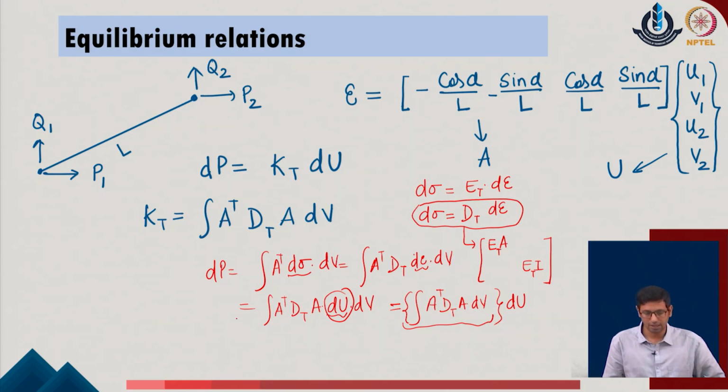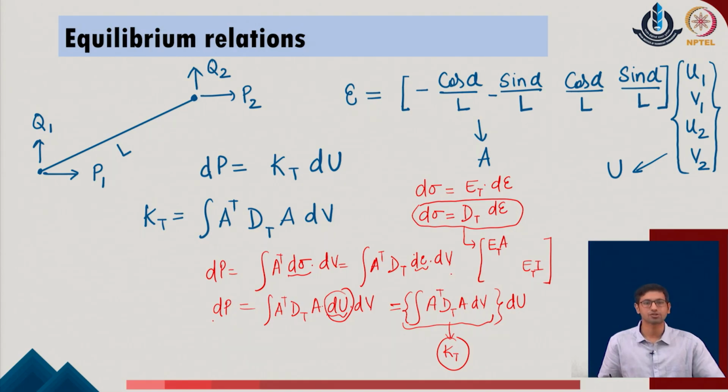Now, what we realize that as a general relationship of the force and the displacement, this term has to be the tangent stiffness of the given system. So, this is what we were looking for, the general tangent stiffness of the given system. So, by using the general form of the system, we are able to now identify the tangent stiffness or the tangent modulus of the given system. Once we have this value, the stiffness value of the given system, now we can go ahead with the analysis of the general problem.